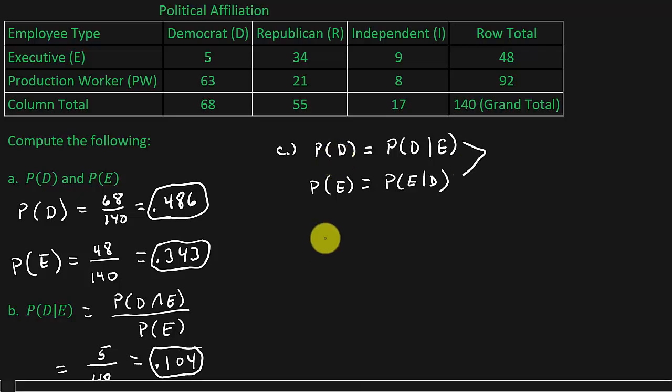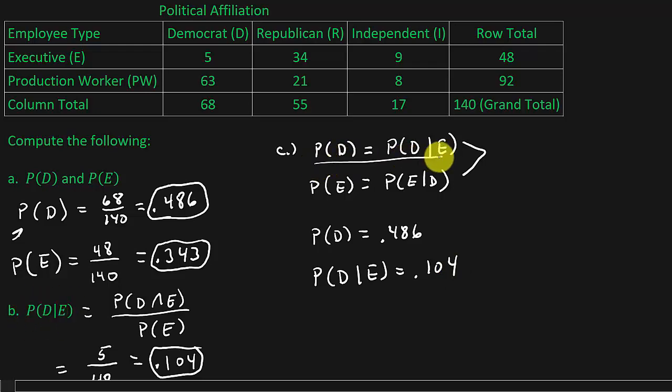So the probability of D is equal to 0.486. How do we know that? Well, we calculated it right there. And the probability of D given E is equal to 0.104. And we calculated that here.